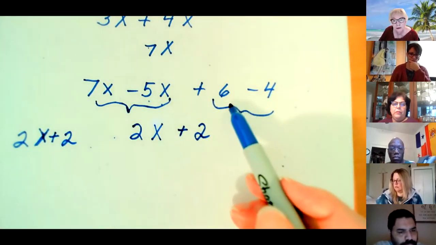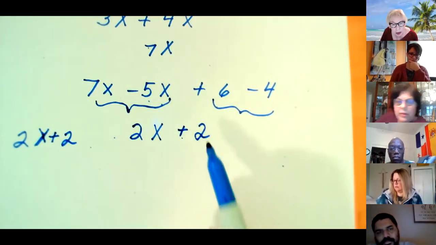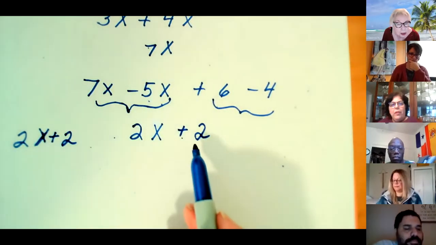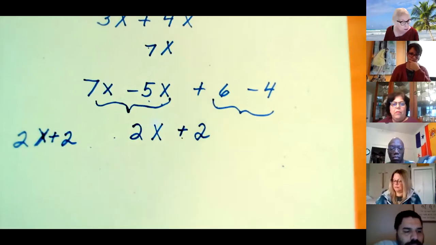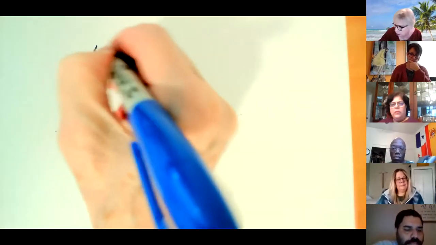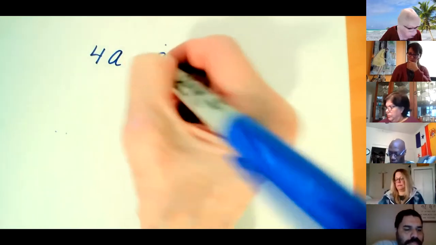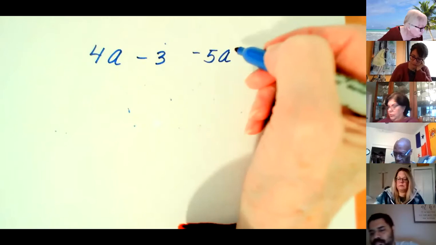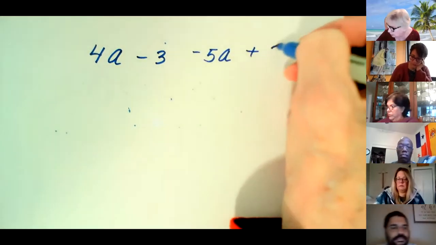These two went together for 2, but it's a plus 2 that needs to be there. And now, if this looks unfinished, it is because we're just practicing simplifying. And so here's another one. 4a subtract 3, subtract 5a plus 2a.